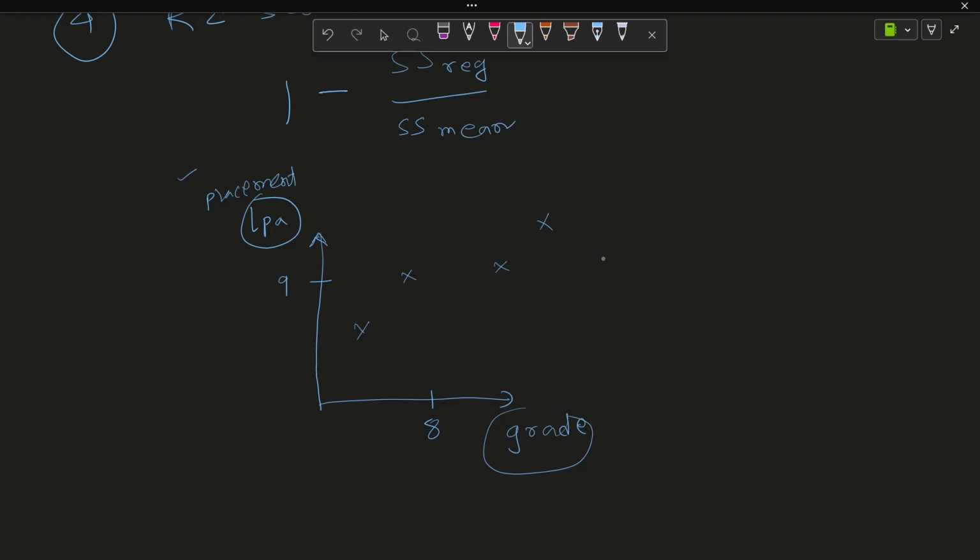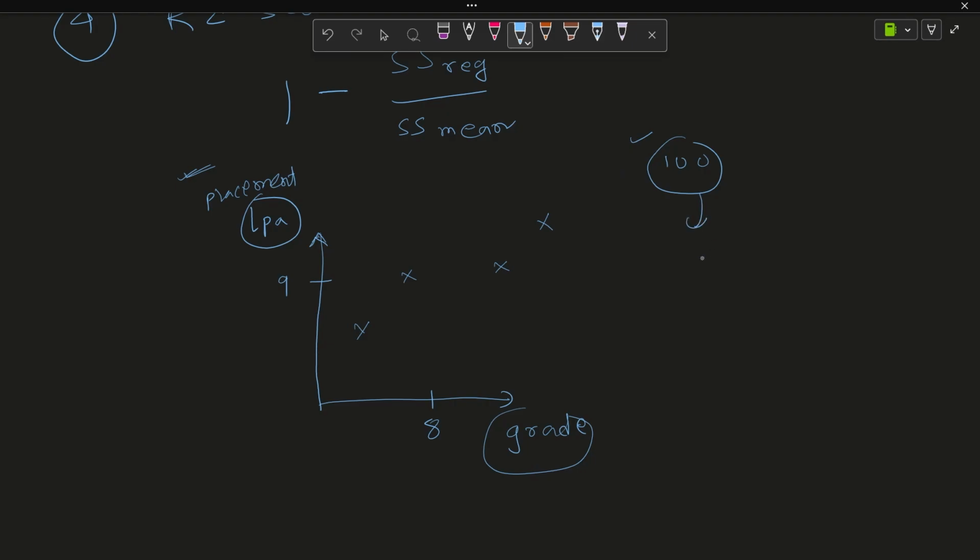Say someone wants to get admitted to your college and asks you about the placement report: what is the probability of getting a job? What will you tell? Based on the past 100 data points, you will tell the average LPA.